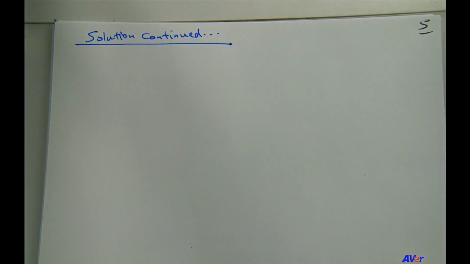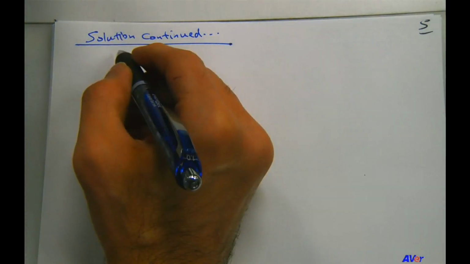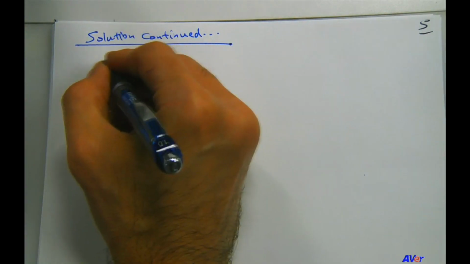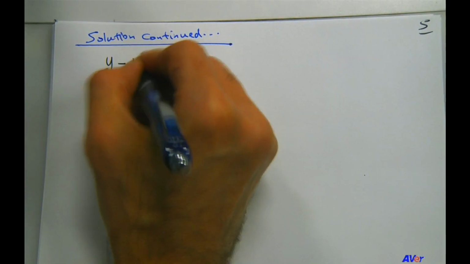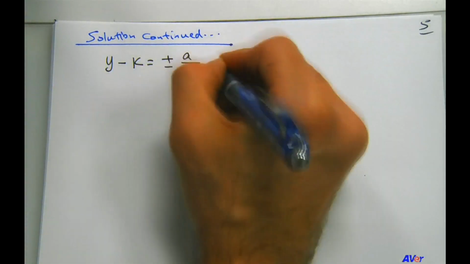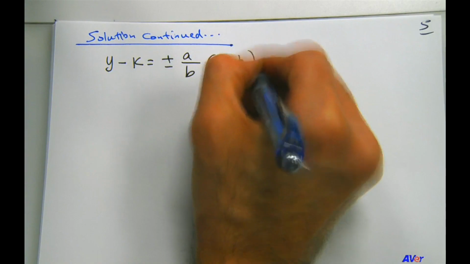I'm going to use the central box to draw my asymptotes, but I still want to calculate the equation of those asymptotes. So we have that, okay? The exact equation, we should have that. For the asymptotes, we have y minus k equals plus or minus a over b times x minus h.